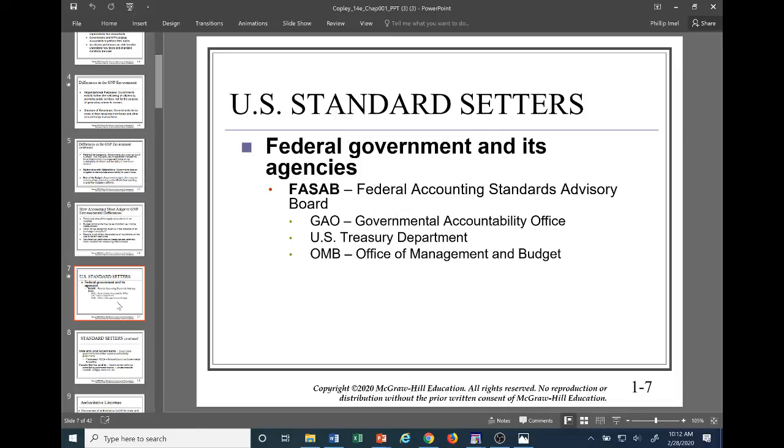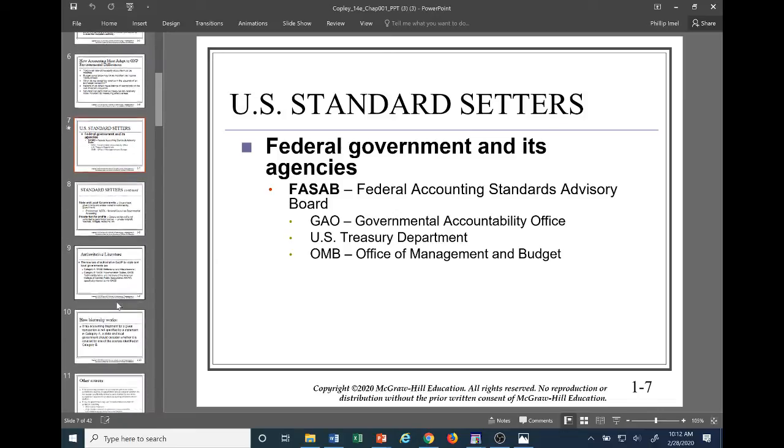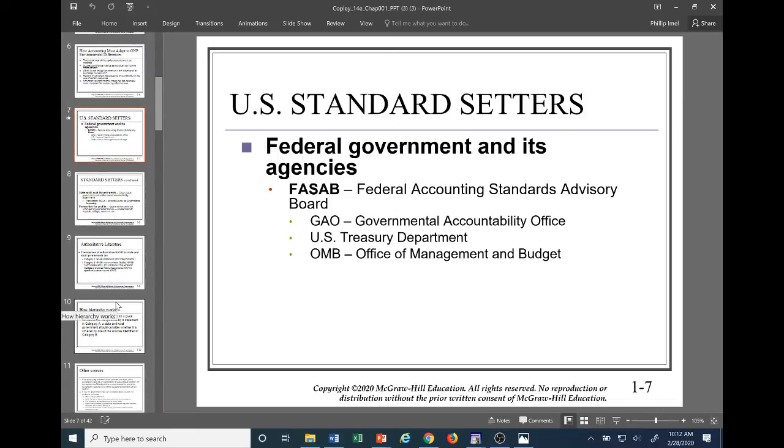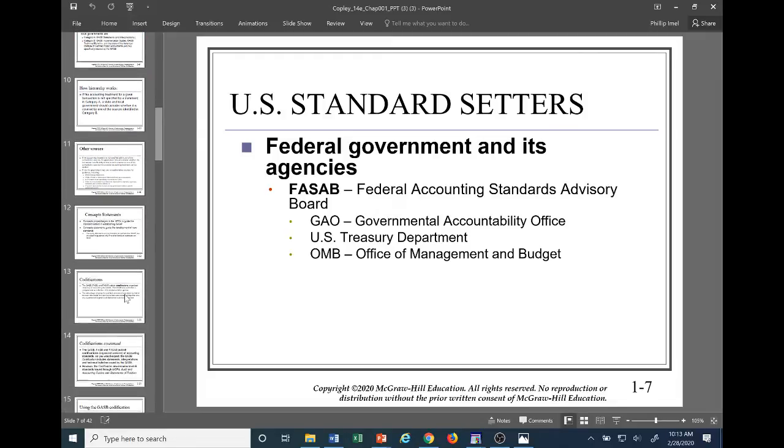They pretty much set all the federal things, so that's important to know. Let's talk a little bit about the authoritative literature. GASB has authoritative literature, and that's where we seek out guidance on transactions, right? We're going to start with the GASB's authoritative literature, the codification, right? We're familiar with that, so we won't get too much into it.